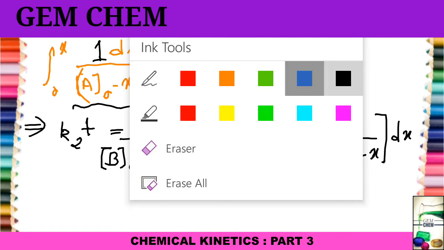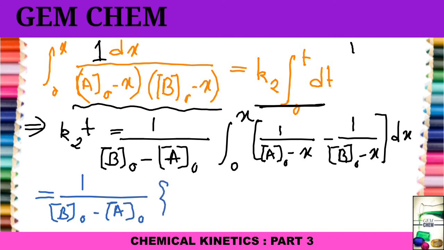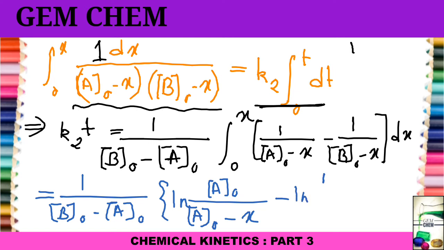Now 1 by something on integration will give us ln, so ultimately we will get like this: 1 by B0 minus A0 times ln A0 by A0 minus x minus ln B0 by B0 minus x.